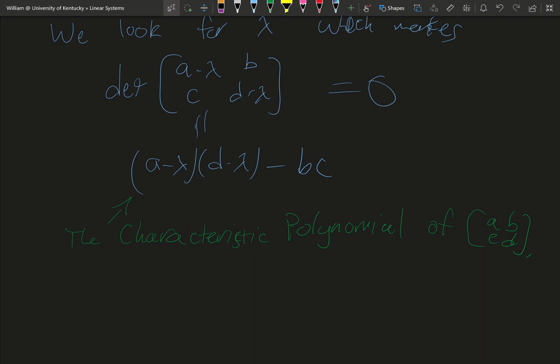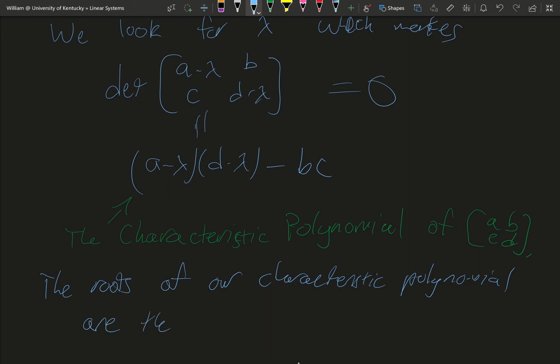And what we just saw is that the roots of our characteristic polynomial are the eigenvalues.